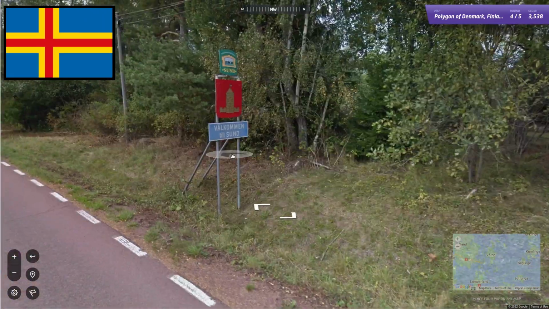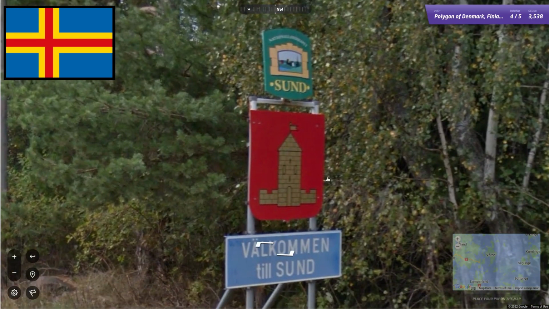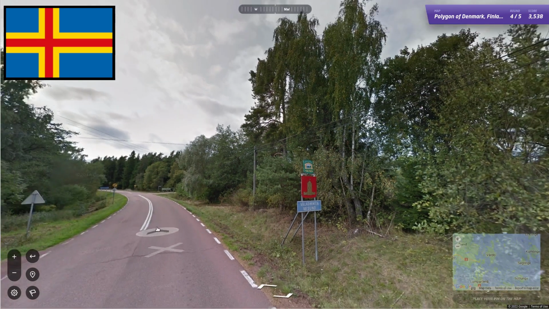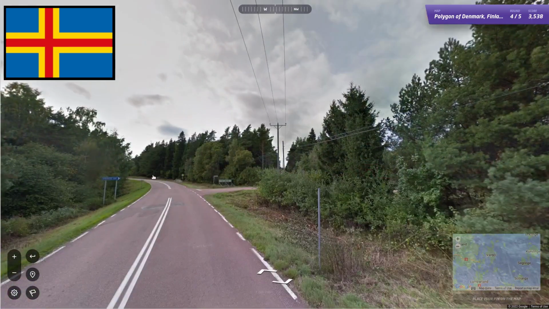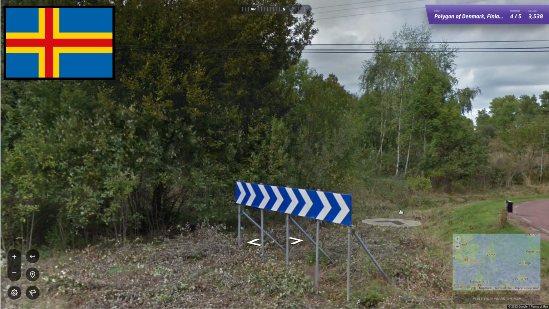So this can be very tricky. By the way, a very beautiful municipality welcoming sign. This is Sund municipality. And this color is also unique, white and blue.